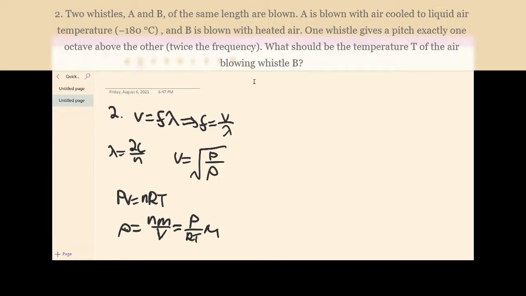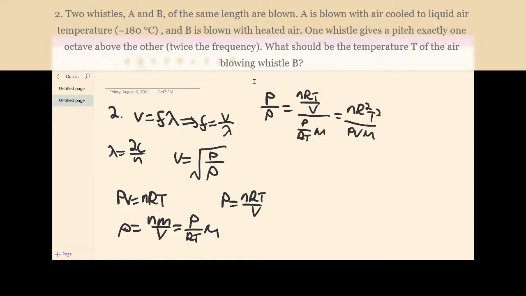And then, of course, you can also see that P is equal to nRT over V. So then P over rho would be nRT over V times RT over PM. And this is equal to n R squared T squared over PVM. But if you look back at the ideal gas law, you see that nRT over PV is equal to 1.